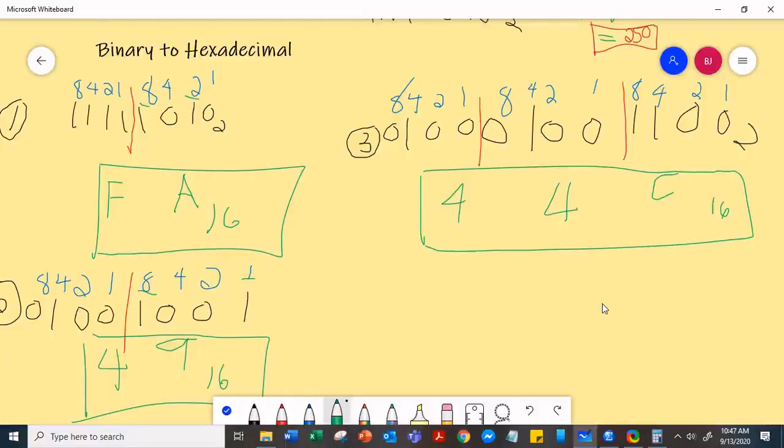So we will now go with our last part of the discussion, which is converting any number system to decimal and vice versa. The main methods we'll be using are the place value method for converting any number system into decimal, and the continuous division method for converting decimal into any number system.